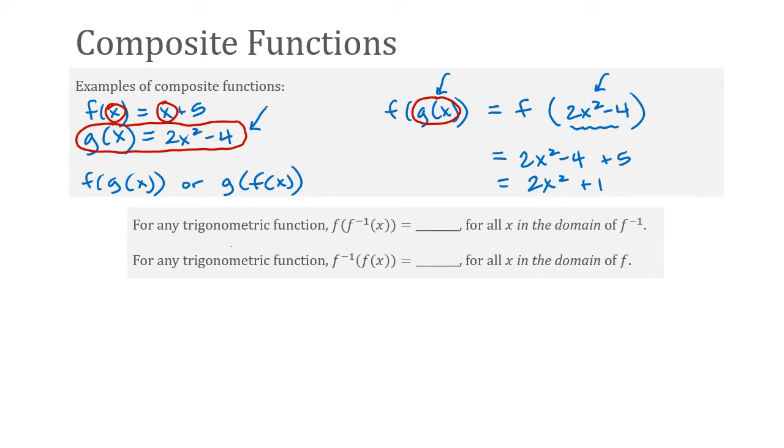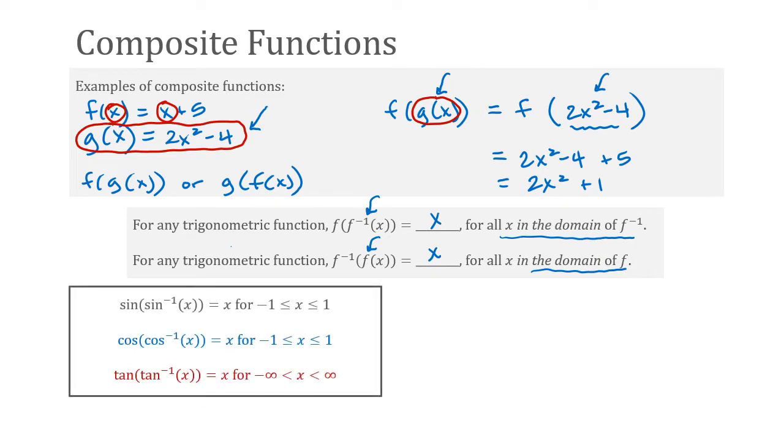If you take a function f and you compose it with its inverse, it will equal x for all x in the domain of f inverse. Now, why f inverse? Because f inverse in this case is the inside function. If you take f inverse composed with f of x, that's also going to equal x, but that's for any x in the domain of the function, and that's because f is now the input.